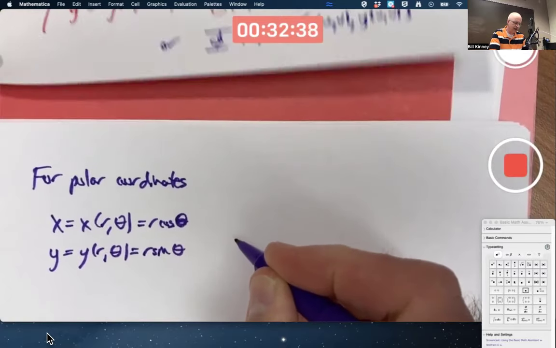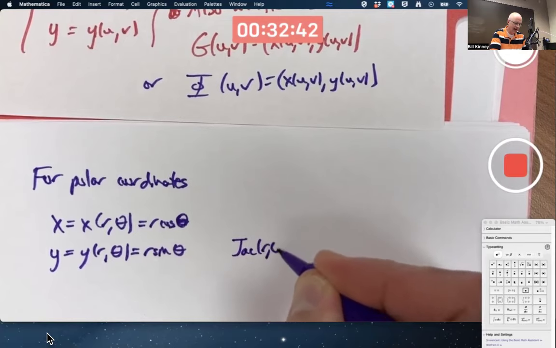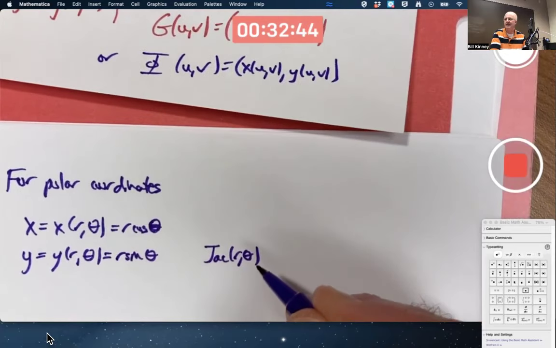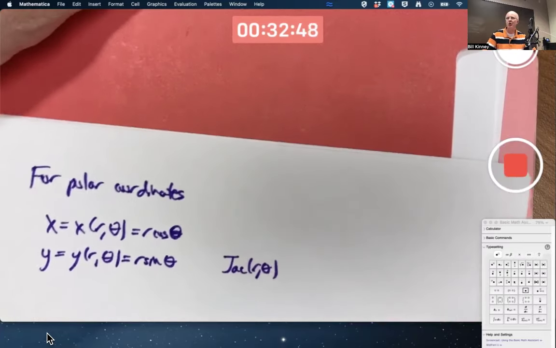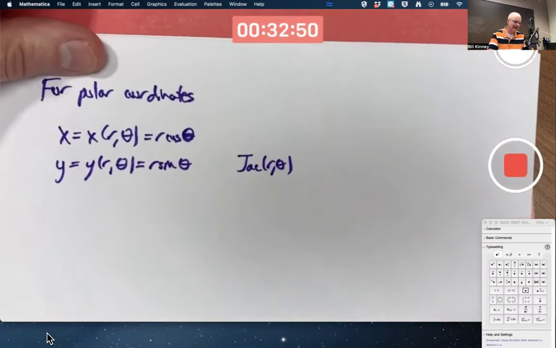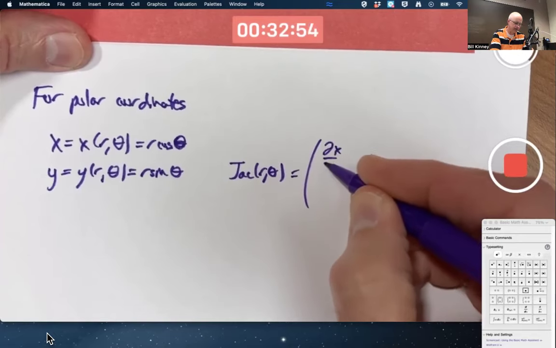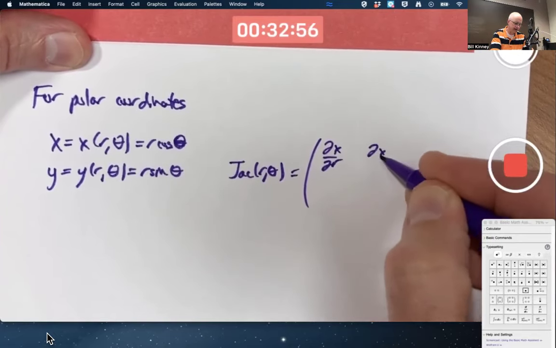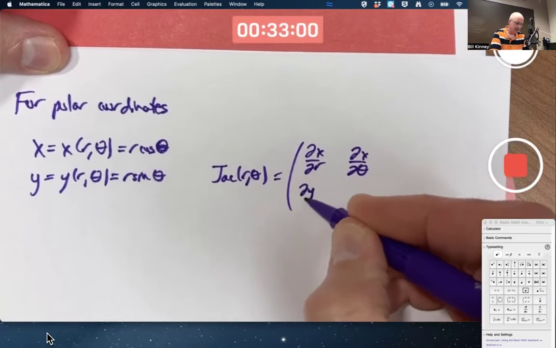And the Jacobian matrix, Jac of r, theta, again, I'm using Jac. The reading doesn't do that. Just to distinguish the Jacobian matrix from the Jacobian determinant, is this matrix of partial derivatives treating r as the first variable and theta as the second variable.